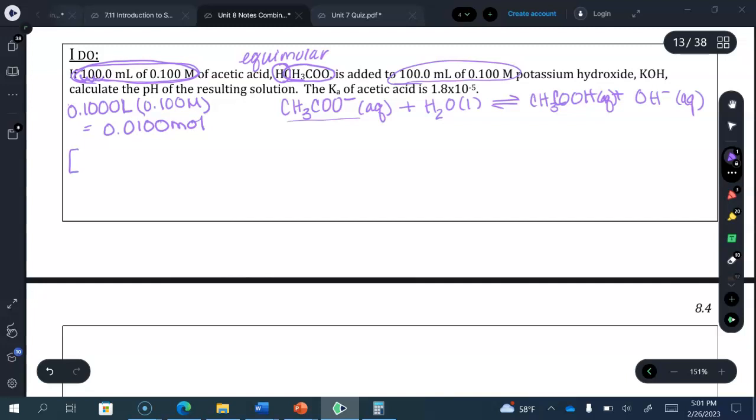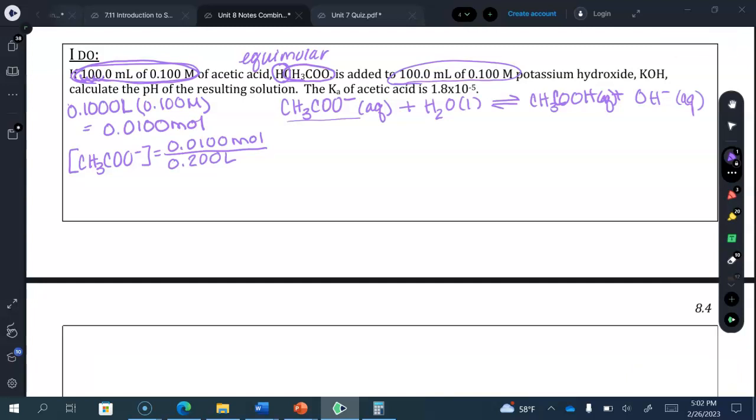Okay, then to find the concentration of CH3COO minus, we take the amount of moles produced from the reaction, and we're going to divide it by the total volume, and in this case that is 0.2. Right, 100 and 100 is 0.200 liters.